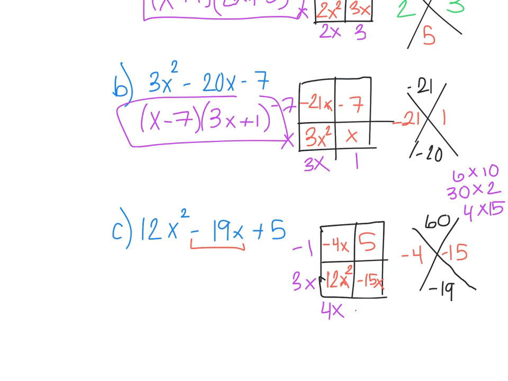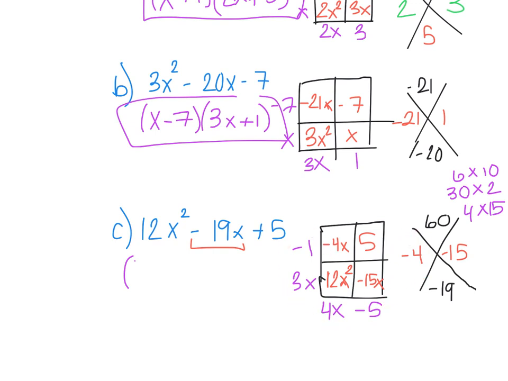And then to see if you're on track here, you can test these last two, negative 1 times negative 5. Those need to multiply to positive 5, which they do. All right, so we've got our two dimensions now, 4x minus 5 times 3x minus 1.